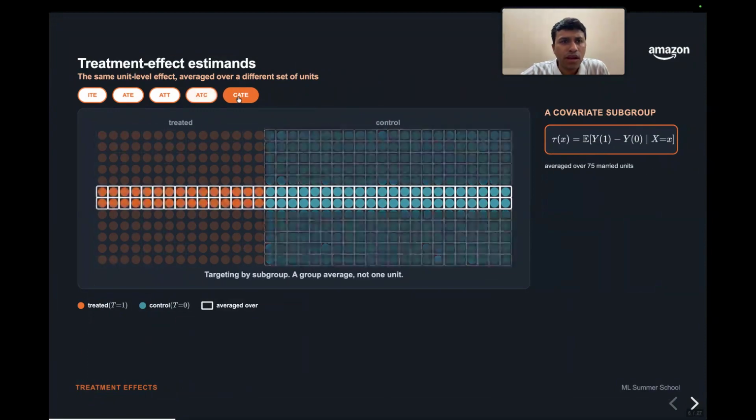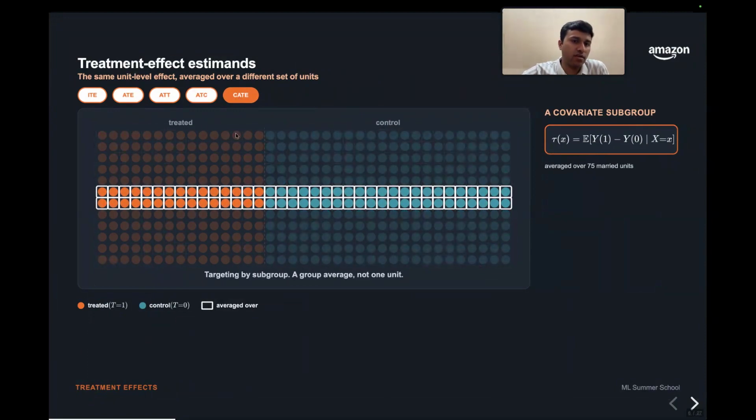And lastly, we have Kate. So Kate is an interesting quantity, and it also leads to some of the techniques and questions that we'll ask in the later slides. Kate essentially is the conditional average treatment effect.